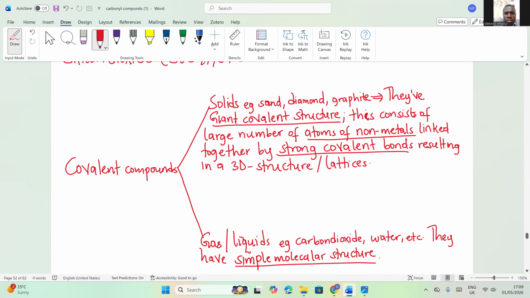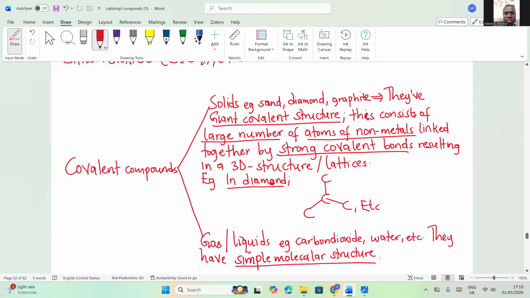For example, in diamond, you have what? You have carbon linked together to carbon, to another carbon, like that, etc. So you have a large number.